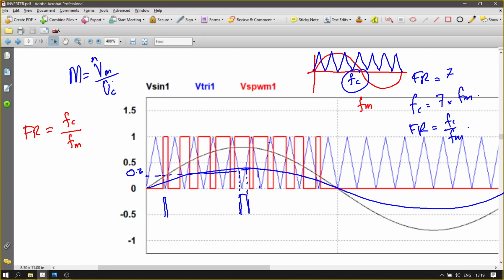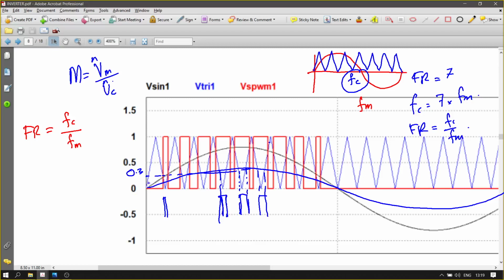Look at that. So now this is getting smaller. If you compare the final results, the width of the pulses gets smaller as you lower the modulation index.